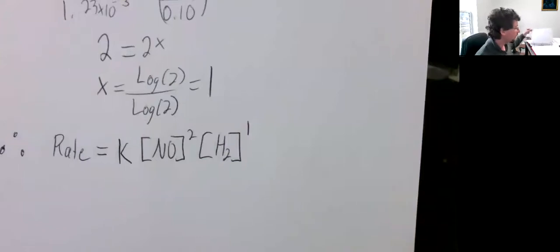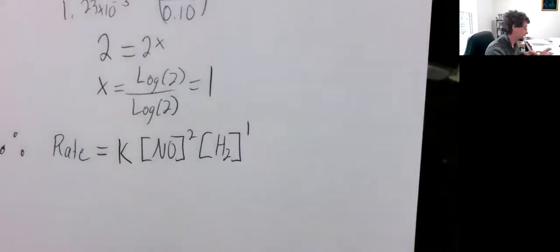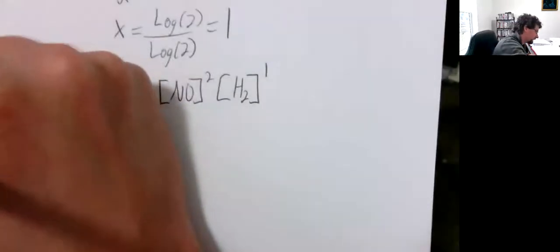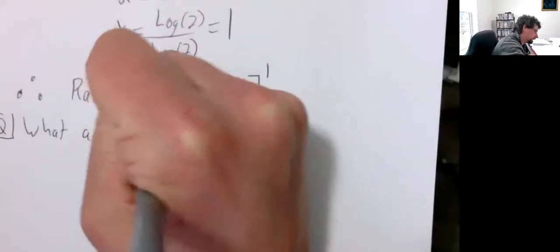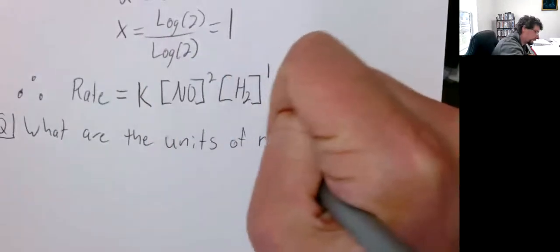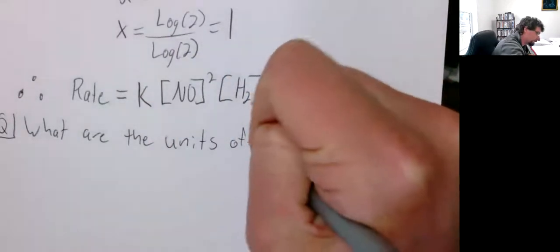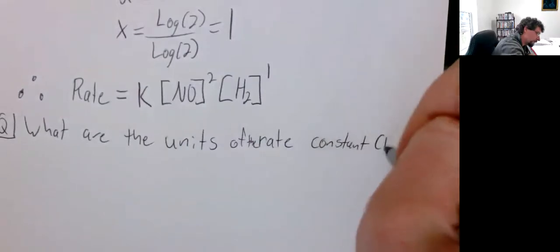Okay. The next thing that we need to do is determine what the units are on this rate constant. Question: what are the units of the rate constant, that k?